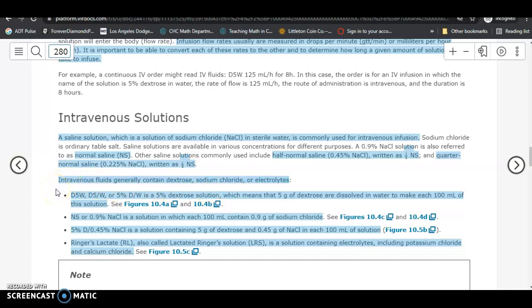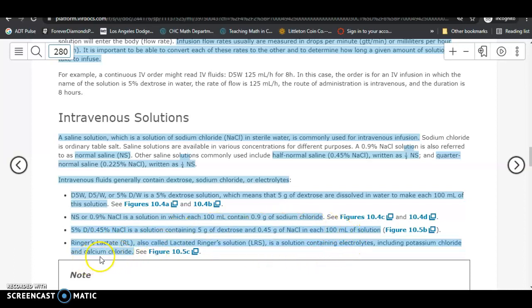Intravenous fluids generally contain dextrose, sodium chloride, or electrolytes. These are some other common intravenous solutions, such as D5W, which is dextrose dissolved in water, or normal saline, or 5% dextrose and 0.45% NaCl, so it's a combination of dextrose and normal saline.